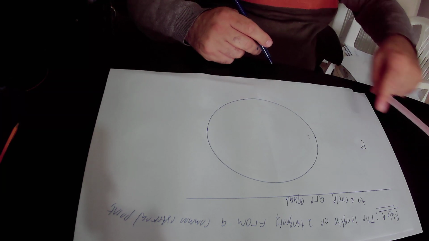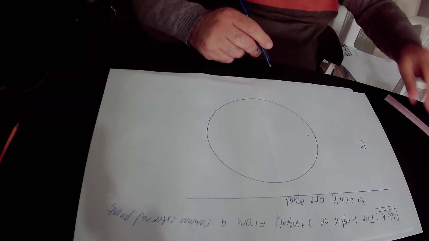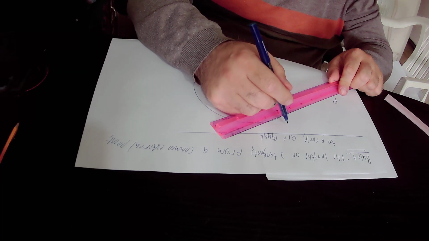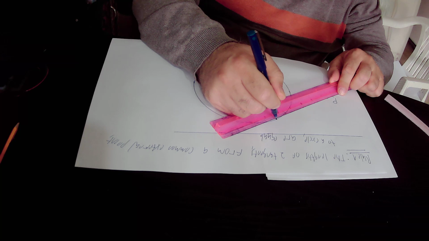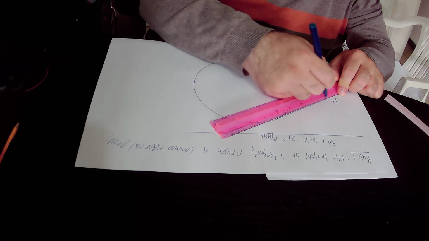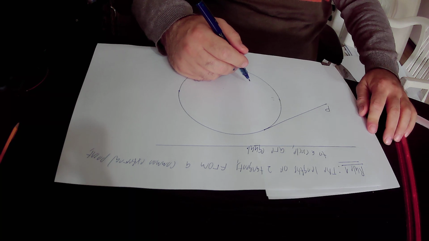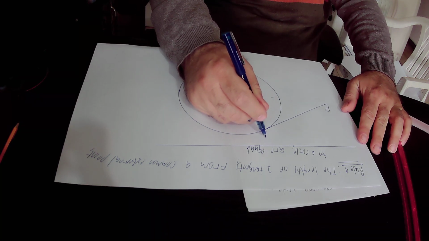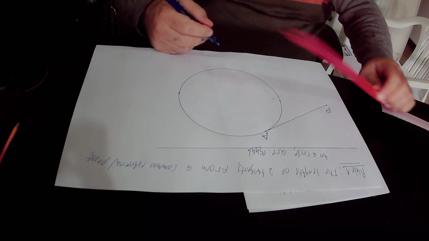So if from the external point P we draw two tangents to this circle, here the first tangent will be this tangent, and the point of tangency of the first tangent with the circle is point A, and we'll draw also the second tangent.